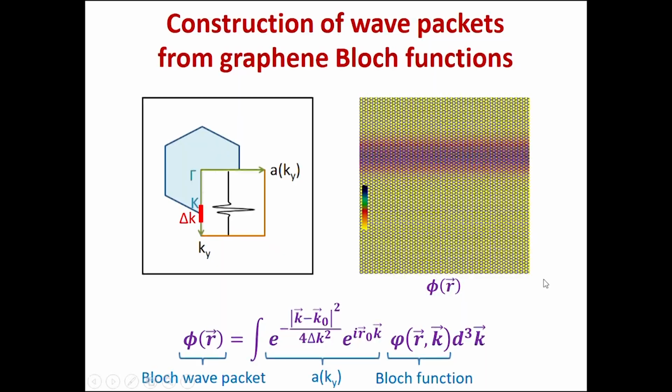The next step is the construction of wave packets from Bloch functions. We can do it through an integral in k-space, in reciprocal space. So we have the Bloch function, and we integrate it with a kernel, this A(k) kernel, which in this example is a Gaussian multiplied by a plane wave, shown in this cartoon.